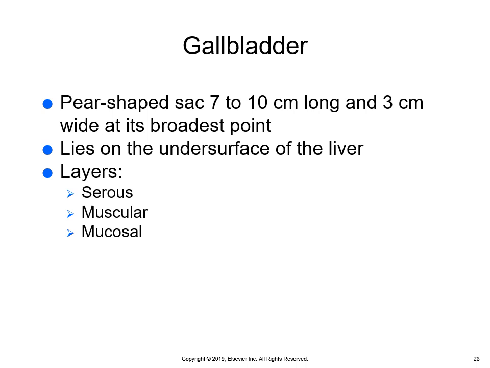So again, anatomy, in terms of size and shape, it measures about 7 to 10 centimeters in length, and it's about 3 centimeters wide at what we call the broadest point or the widest point. It is a hollow muscular sac, and it can expand and it can contract as needed. In terms of the location, we saw that earlier.